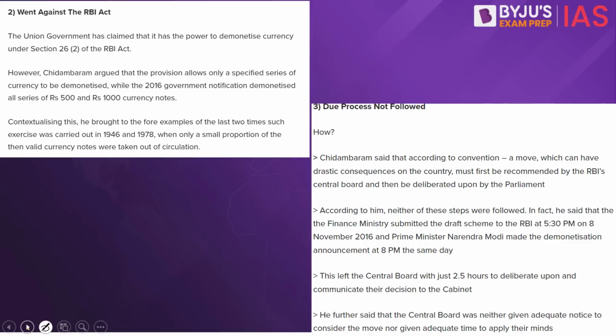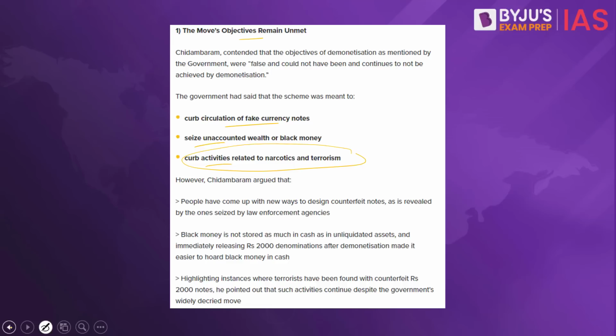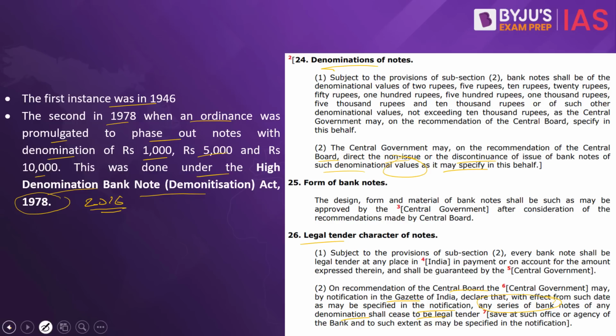The second question was with respect to the RBI Act itself. The Union government has claimed it has the power to demonetize currency under Section 26(2) of the RBI Act. Now, if we look into Section 26(2), what does it say? On the recommendation of the Central Board, which means the Reserve Bank of India Central Board, which ideally has to make the recommendation.